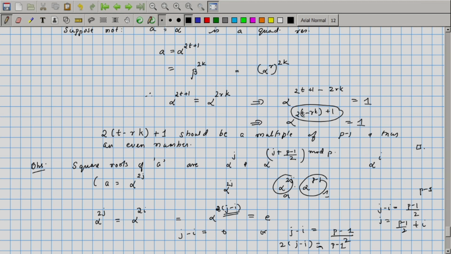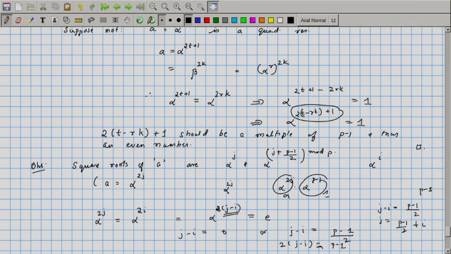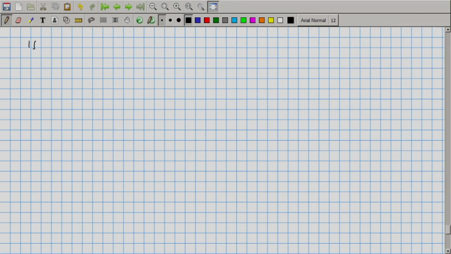So if p was a prime number, it can have at most 2 roots, and we know that any number can have at most 2 roots. So, if p is a prime number, then any element A can have at most 2 roots.